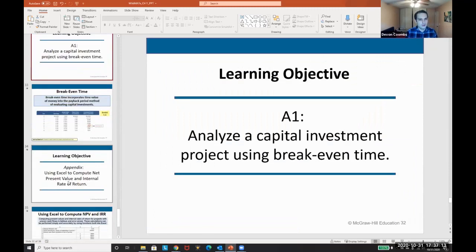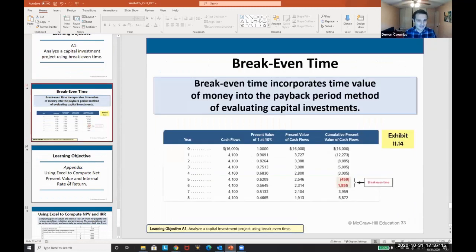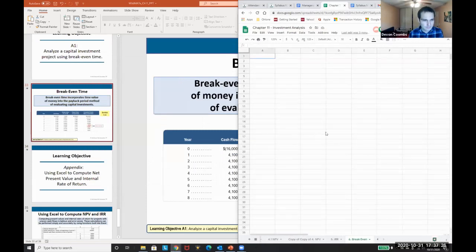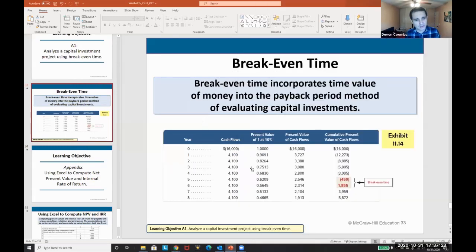So there's this concept, break-even time. This break-even time concept, I didn't make a slide for. I added a slide here, but I think I'm just going to talk about it. The thought is we're incorporating the time value of money into the payback period.